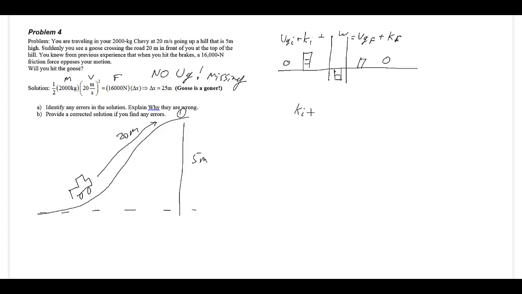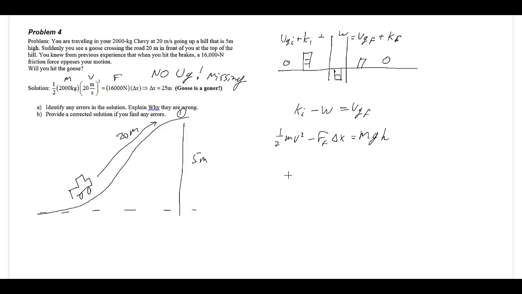We've got kinetic initial minus work is equal to UG final. So 1/2 mv squared minus the force of friction that's listed up there times delta x, which is the 20 meters, is equal to mgh. This being the height of the hill, this being the mass of the car, this being the initial velocity of the car. And so you would solve for delta x with all this.